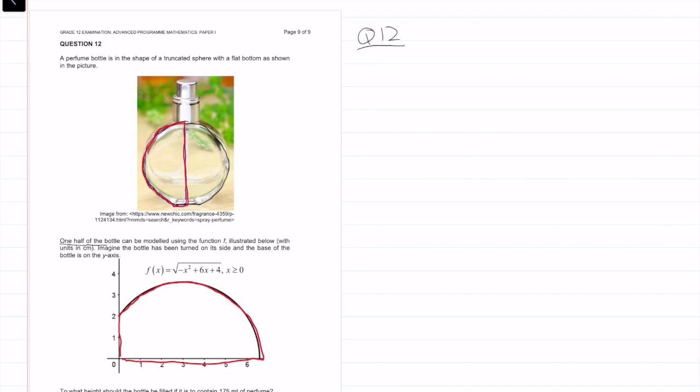First of all, we go to our formula sheet and look up the equation for volume. The volume is equal to pi times the integral from a to b of f of x, squared, dx.